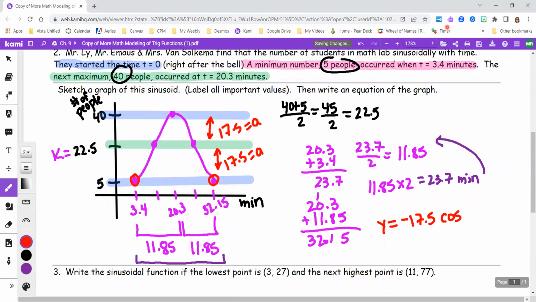Now my B is found with my period. So my period, 2 pi over B, is going to equal 23.7 minutes.